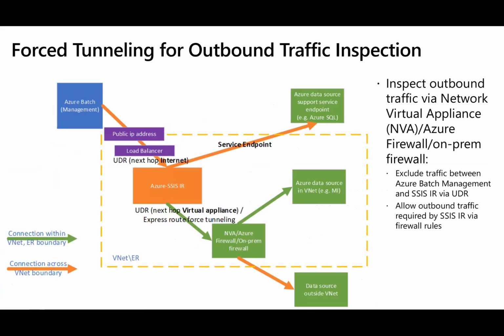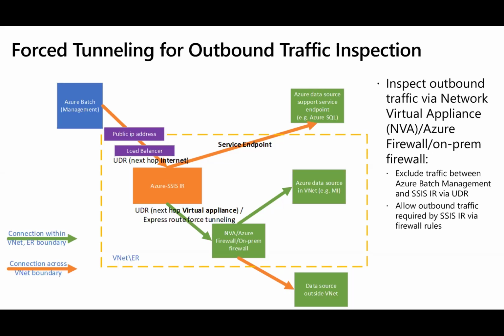Once you join your SSIS IR into a VNet, you can actually allow inspection of all outbound traffic by installing a network virtual appliance or NVA or Azure Firewall or on-prem firewall. That way you can audit all the traffic coming and going from your Azure SSIS IR. When you do that, you have to make sure that you follow some rules.